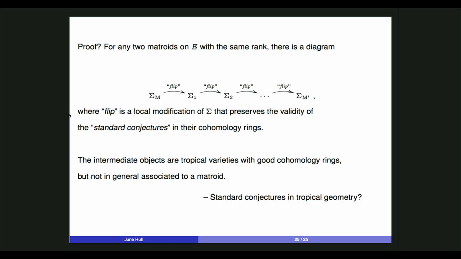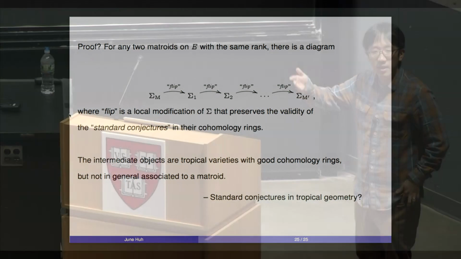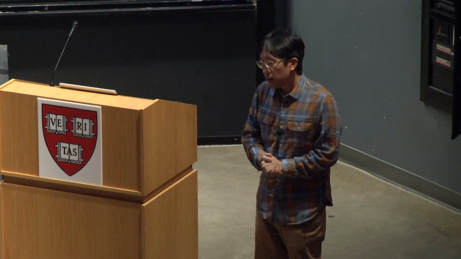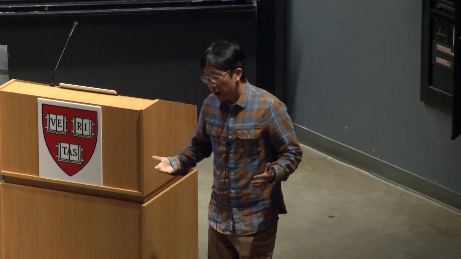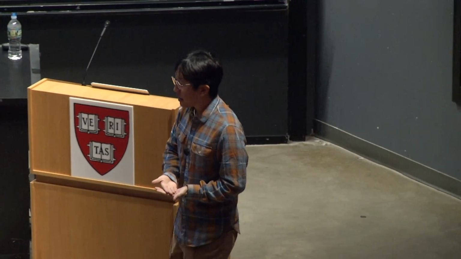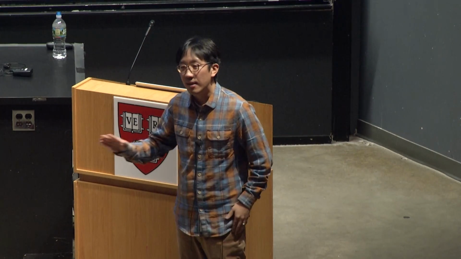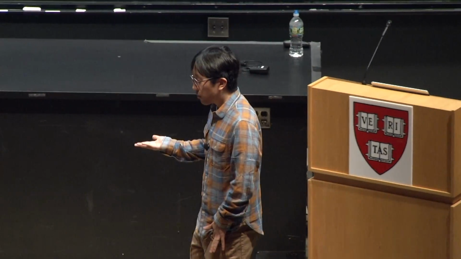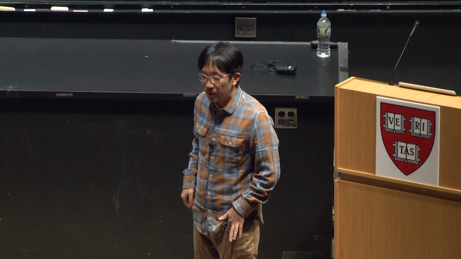But I believe that the picture extends much more than this. In particular, I believe the language of tropical geometry can be pushed to give a framework to at least prove the top-heavy conjecture in the first lecture for arbitrary matroids, possibly not realizable over any field, or even the case of arbitrary tropical varieties and the maps between them.